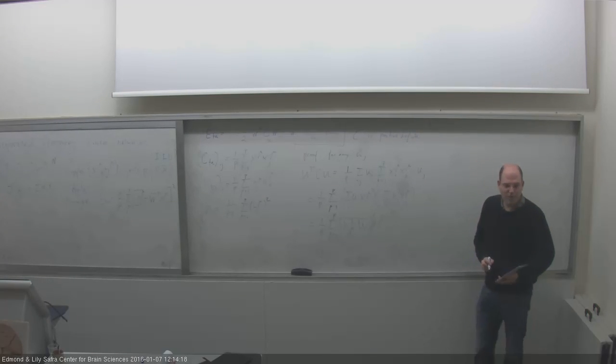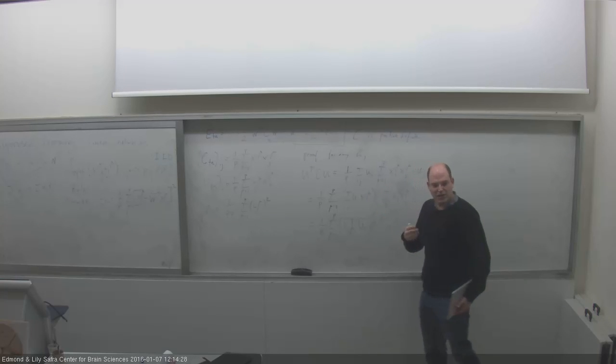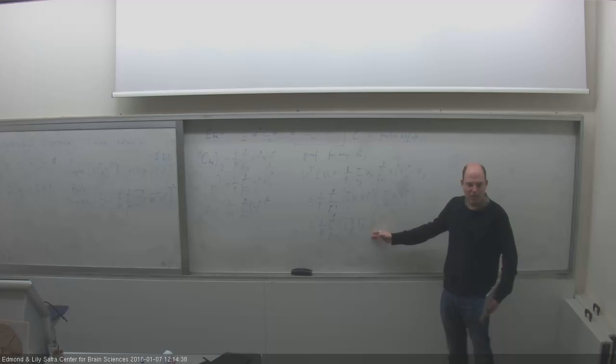Okay, so all these numbers are non-negative, right? Now, when we say positive definite, sometimes we mean strictly positive definite, meaning that this is strictly positive, or that it's larger than 0, or at least that it's non-negative. So clearly this is non-negative.